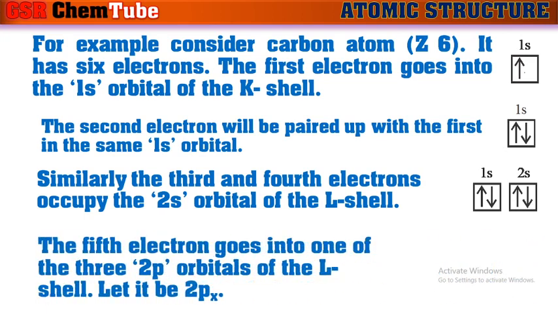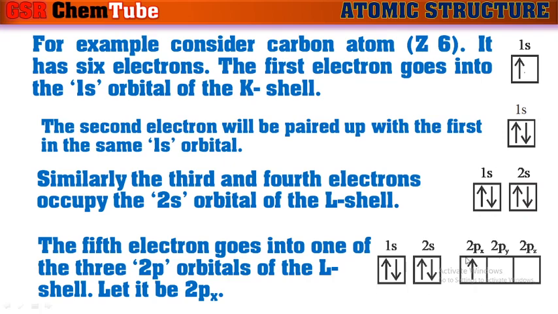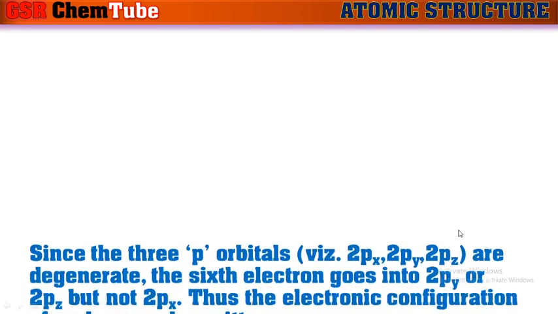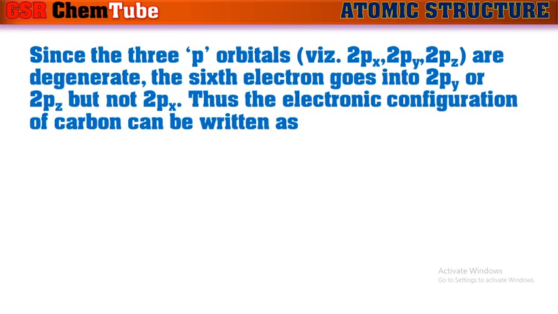The fifth electron goes into one of the three 2p orbitals of the second shell, let it be 2px. The second shell has a 2p subshell, which has 3 orbitals: 2px, 2py, 2pz. Now these 3 are called degenerate orbitals. Since the 2p orbitals are degenerate, the sixth electron goes into either 2py or 2pz but not into 2px.